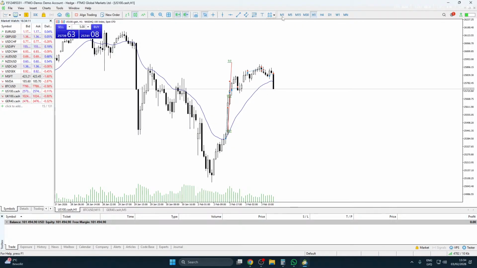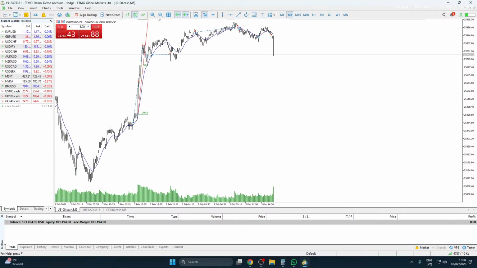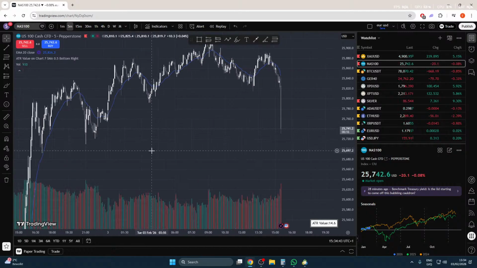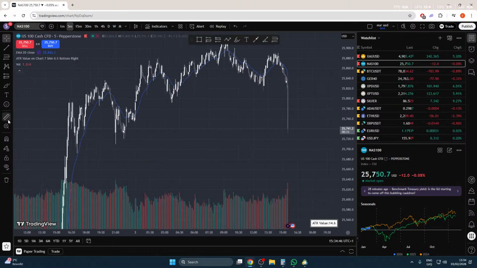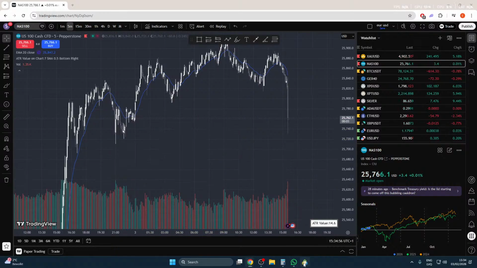Strong close, looks like a strong bearish close, but what I want to try to see here is what if I buy the close of this candle and have a little stop.